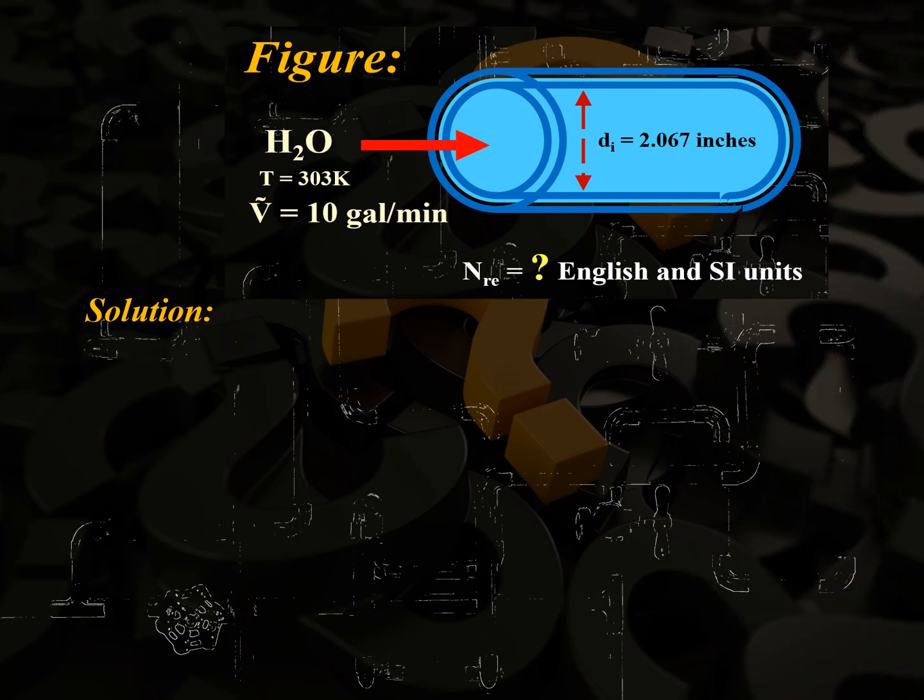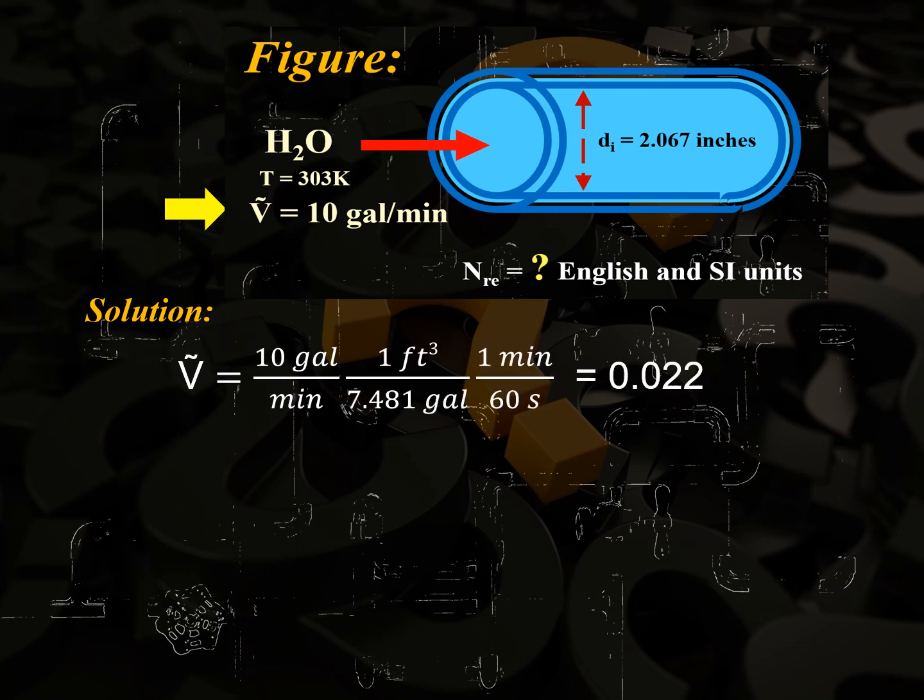Well, there is the volumetric flow rate. We will also convert it to the English system of units. Thus, we have the flow rate equals 10 gallons per minute, and there are 7.481 gallons in 1 cubic foot, and there are 60 seconds in 1 minute, and we are getting therefore 0.022 cubic feet per second.